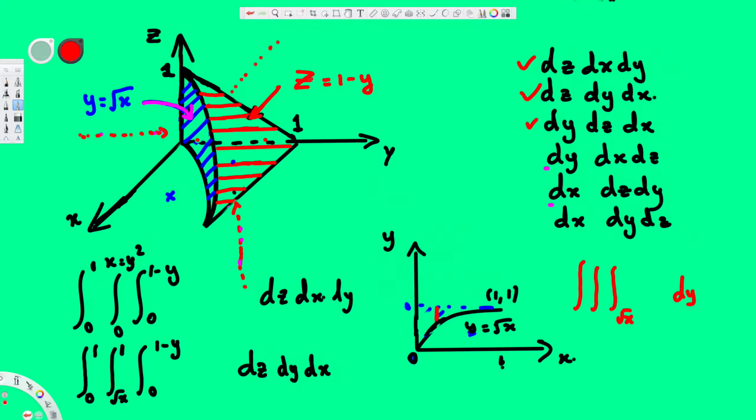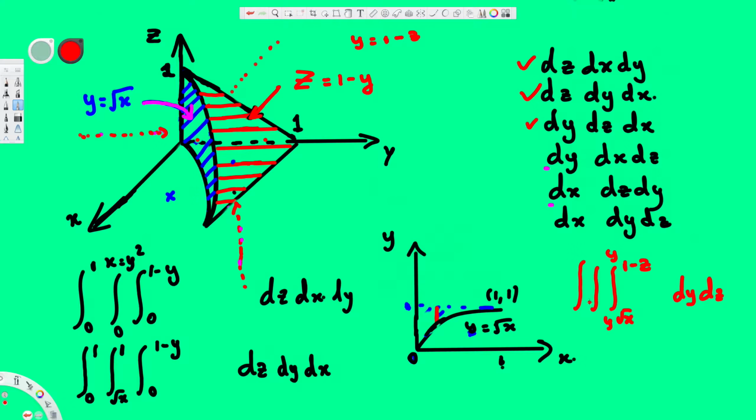This roof is given by z is equal to 1 minus y, but we need this in terms of y. If we rearrange, it becomes y is equal to 1 minus z. That's going to be the upper limit of integration, 1 minus z. So y goes from square root of x to 1 minus z. Now after that we are going to integrate with respect to z.